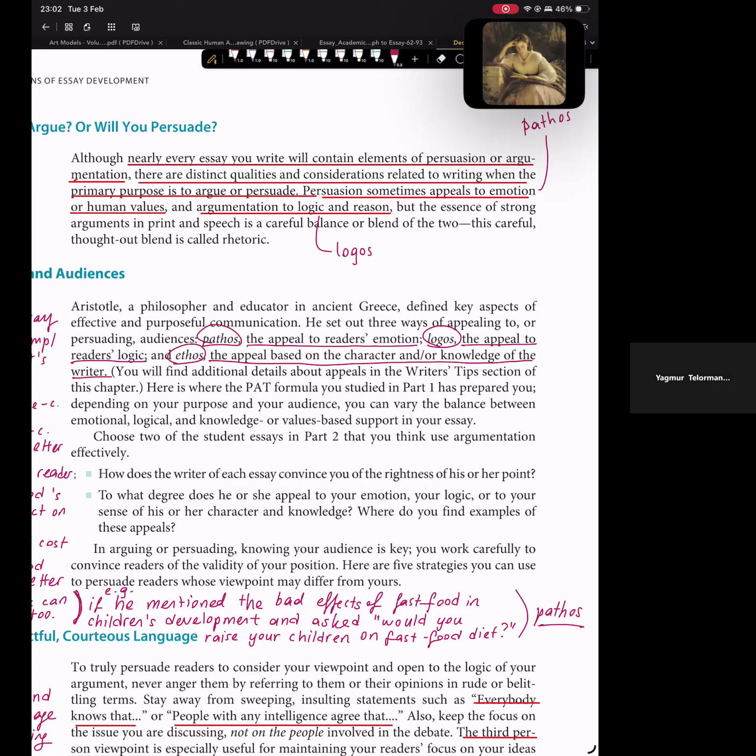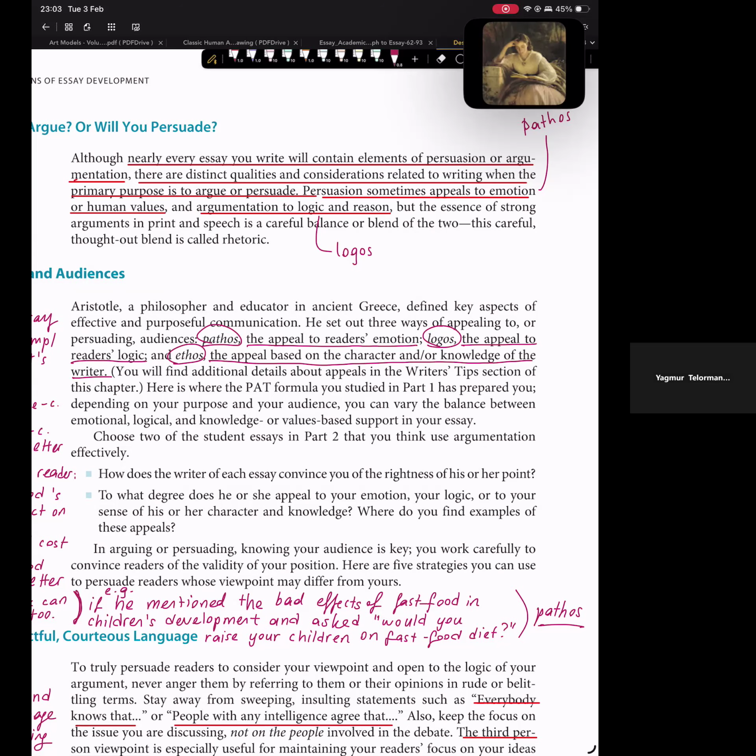I told you that I favored that, and that was to prepare you for the writing of an argumentative essay. So in writing, when your primary purpose is to argue or persuade, there are distinct qualities and considerations that your essay should have. Persuasion sometimes appeals to emotion or human values, and argumentation to logic and reason.